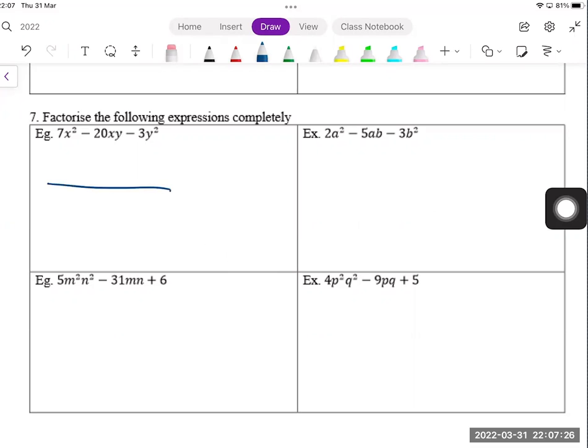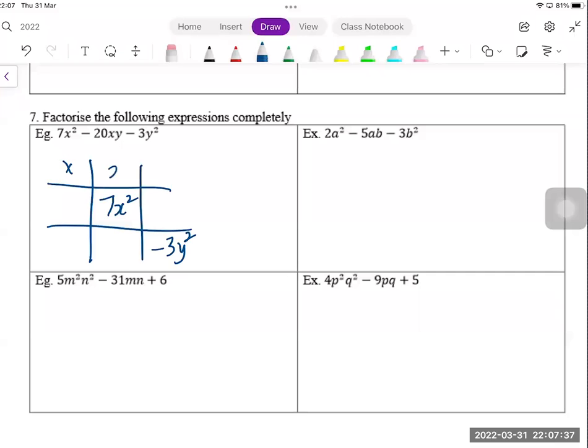Okay, so this one, when you break it down, same thing, I write my 7x squared here, my negative 3y squared here. These are prime numbers, so it's either x and 7x. So how do I get negative 20xy? My 3, I want to multiply into 7. So I'll put my negative 3y here and my plus y over here, to get my negative 3y squared.